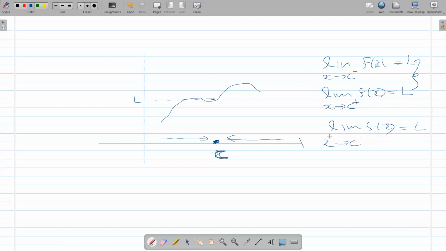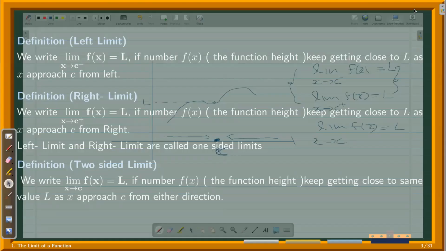Okay. So this one I am not describing which direction I am approaching c because both of them are the same. I can say either side when I approach c it is going to L, the common behavior. Okay, these two are called one-sided limits and this is called the two-sided limit. So we'll look at some examples.